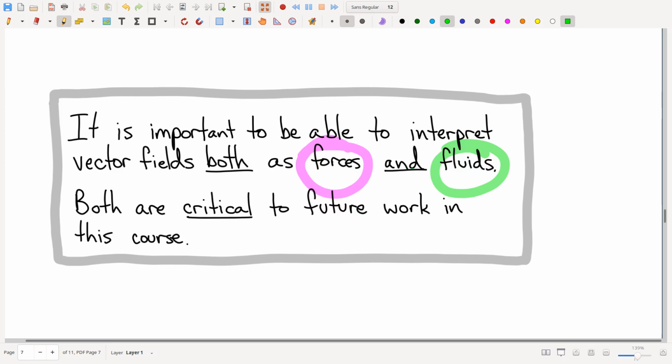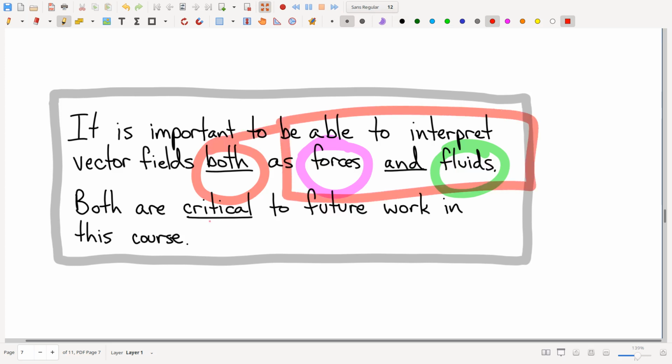And I just want to point out, you can't do that. You can't make a choice. We're going to need both. And this is going to be critical to the applications that we're going to be making. And not only is it critical to applications, it's critical to getting good mathematical intuition for calculus that we're going to be doing in Chapter 6 and 7.